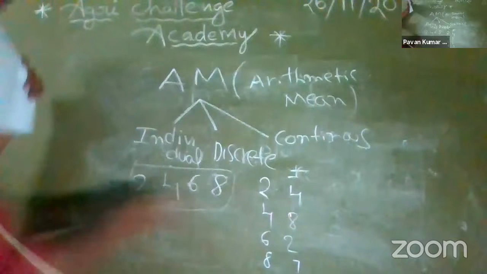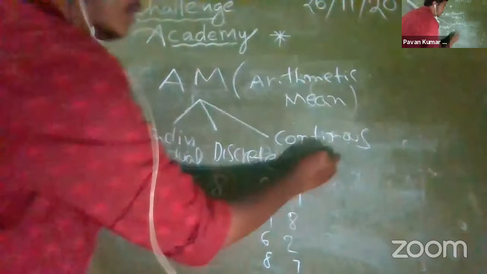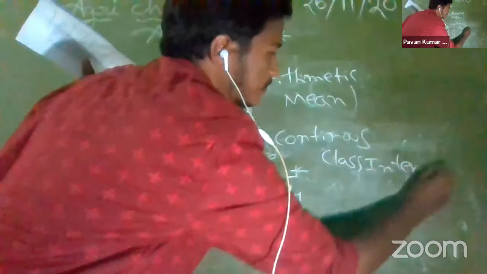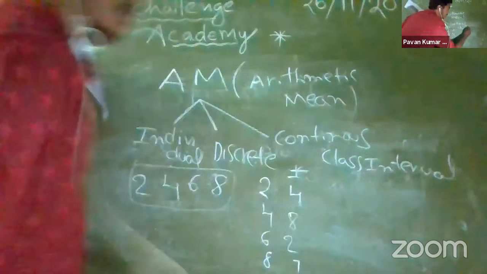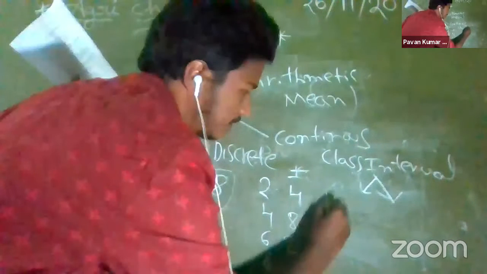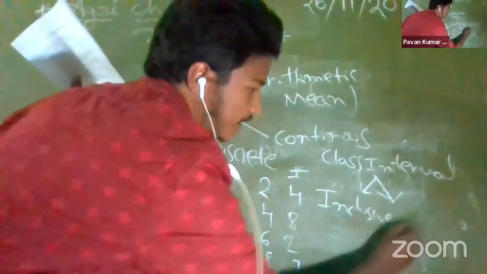Continuous data consists of class intervals. These class intervals are of two types: inclusive and exclusive.